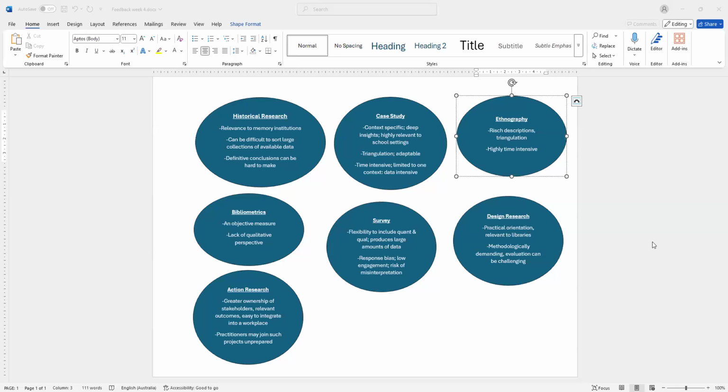Finally, the seventh method that was discussed was action research. As we know, action research involves practitioners also, so obviously there will be a lot of ownership from different stakeholders. Because it is action research, outcomes will be highly relevant to the problems at hand, right?